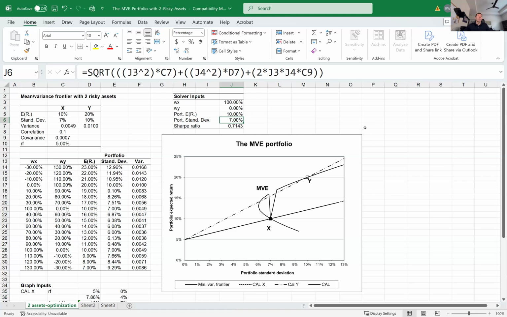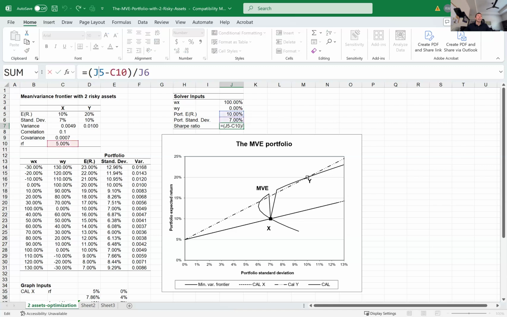So the standard deviation of the portfolio is going to be the standard deviation of X. Here's the Sharpe ratio. The Sharpe ratio is going to be the expected return on the portfolio right here, cell J5, minus the risk-free rate, cell C10, divided by the standard deviation of the portfolio, which is in cell J6.